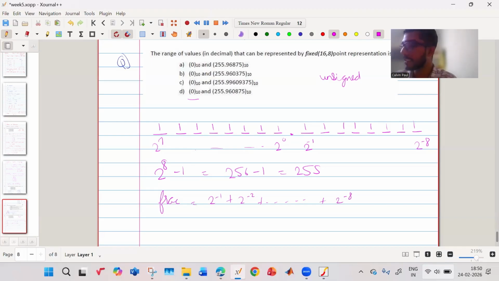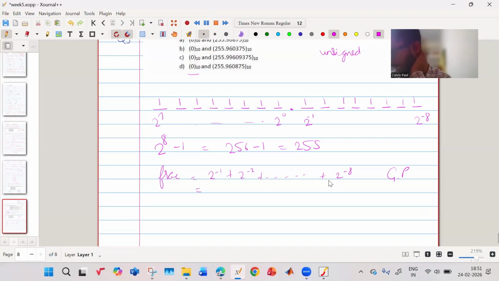So this is actually a geometric progression. What is the formula? It is a upon 1 minus r, if I'm not wrong. This is 1 plus 2 to the power minus 1 dot dot plus 2 to the power minus 7. How do we find this?